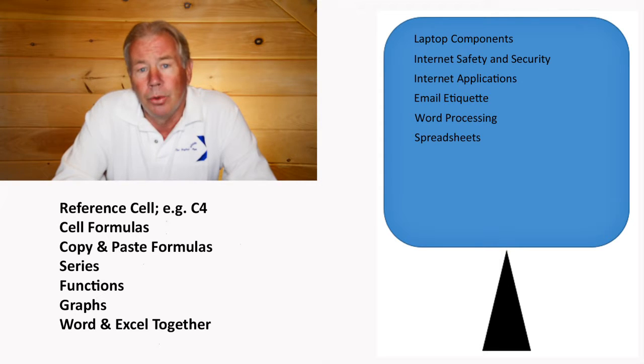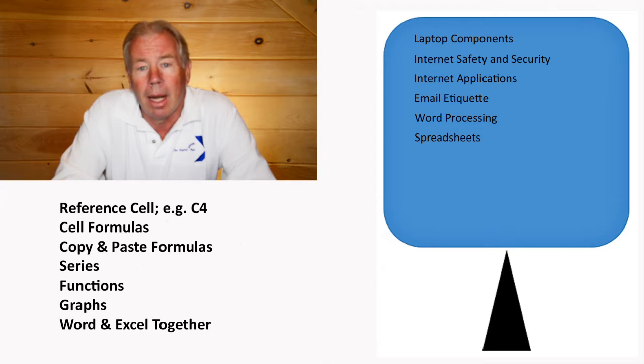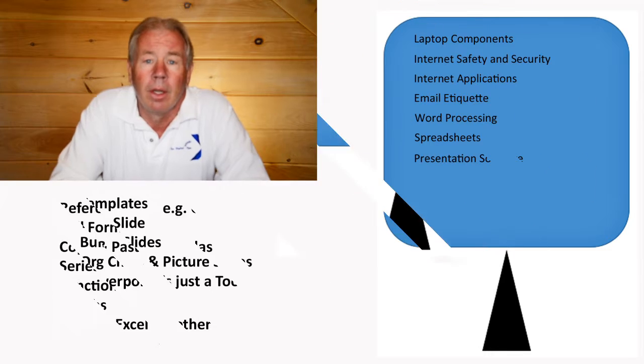We learned how to copy and paste formulas. We learned about the functions, and we learned how to create a graph. We ended that section by cutting and pasting a graph into Word and learning about how synchronization, in fact, does not occur across those two products, so just a word of caution there.